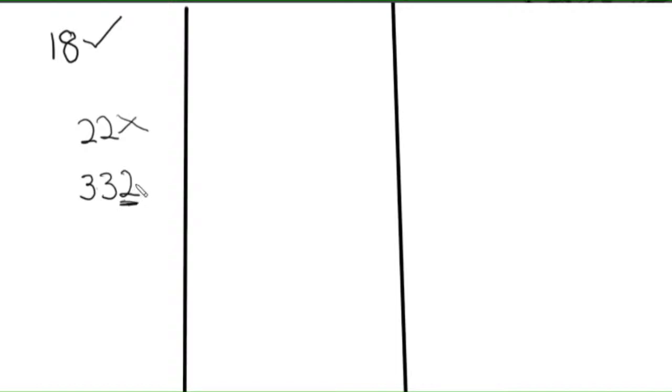But then, let's check the other part of the rule. Let's add all the digits. So 3 plus 3 is 6. 6 plus 2 is 8. 8 is not divisible by 9. So 332 is not divisible by 18. Let's cross it.